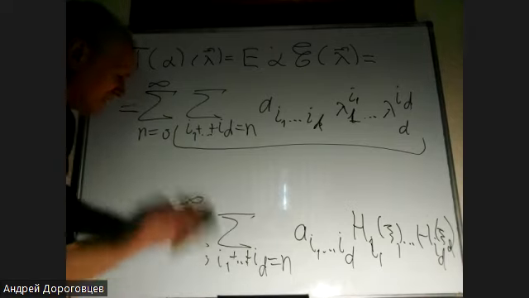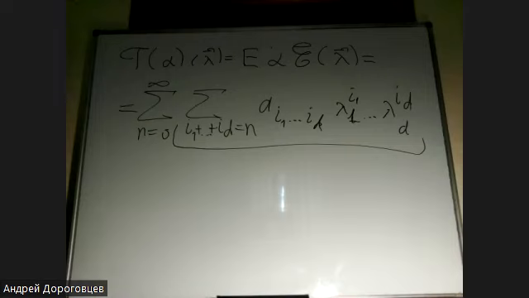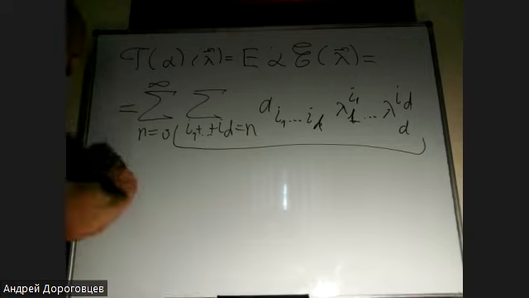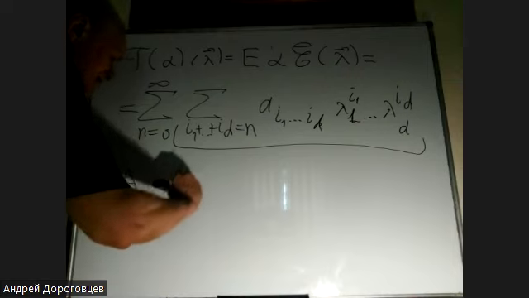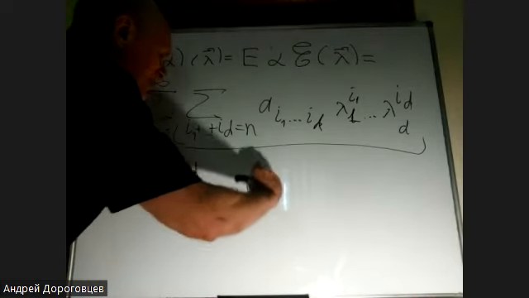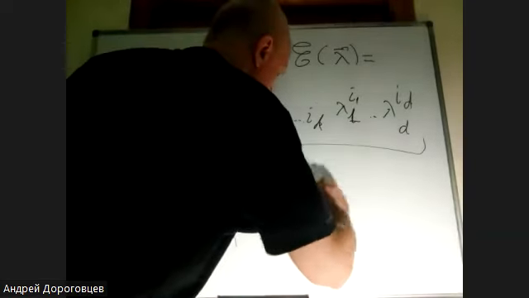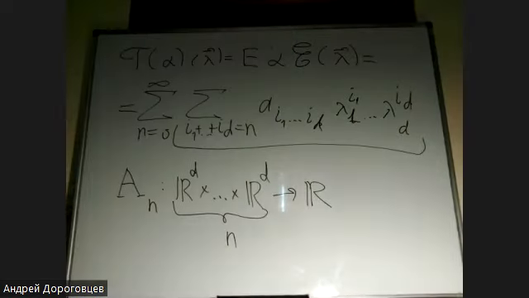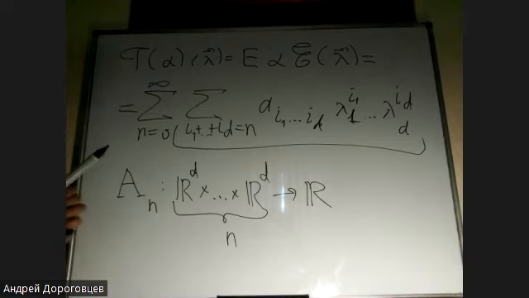Namely, let us introduce multi-dimensional operators, say A n, which act on Rd multiplied n times to R, and is linear with respect to every coordinate, continuous.